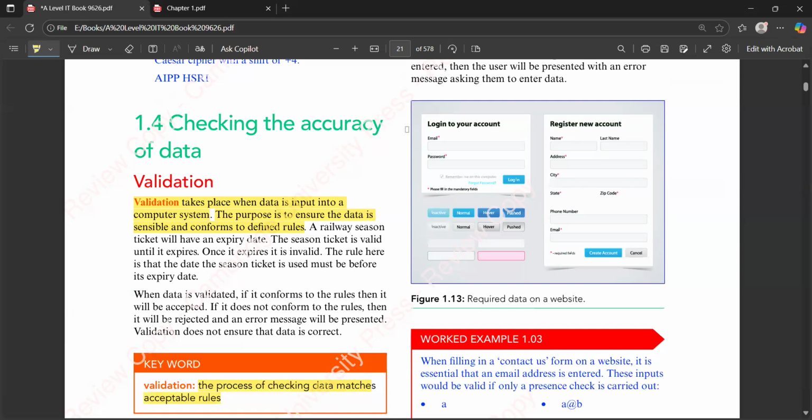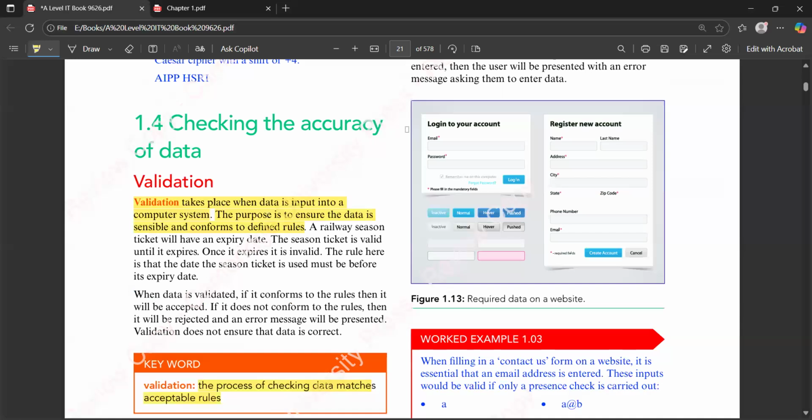The season ticket is valid until it expires. Once it expires, it is invalid. So the rule here is that the date the season ticket is used must be before its expiry date, right?